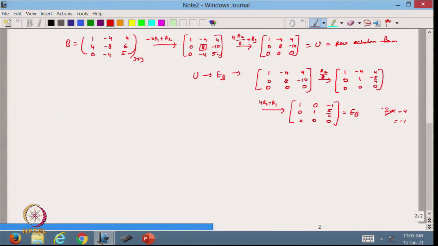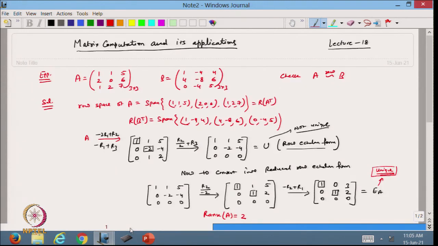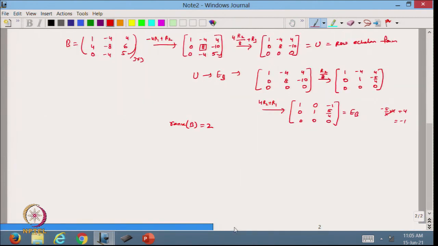Now, in this case you can check from here that the rank of B is also 2. The rank of A is also 2, 1 0 3, 0 1 2, and from the B also it is coming this one.